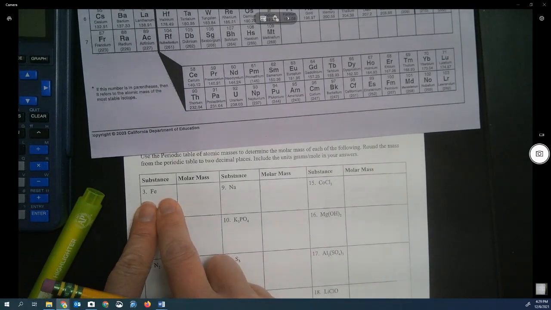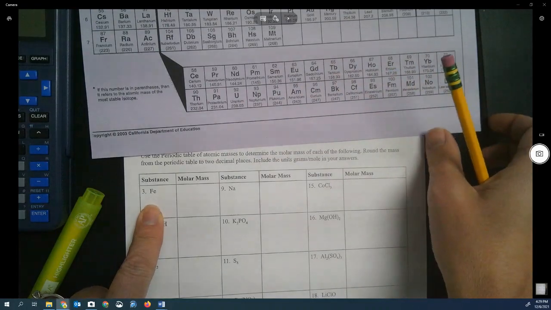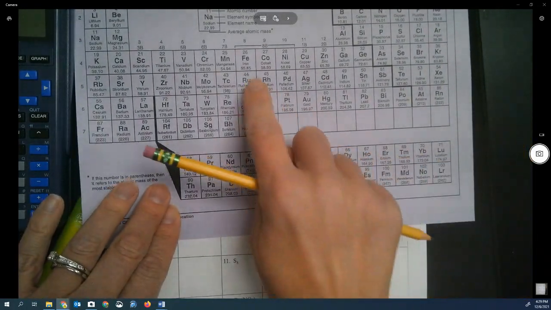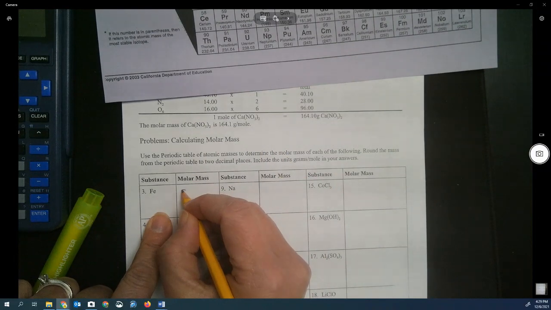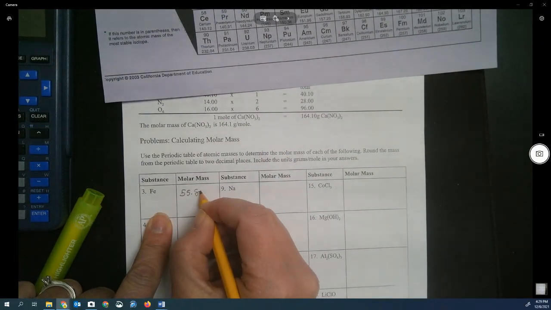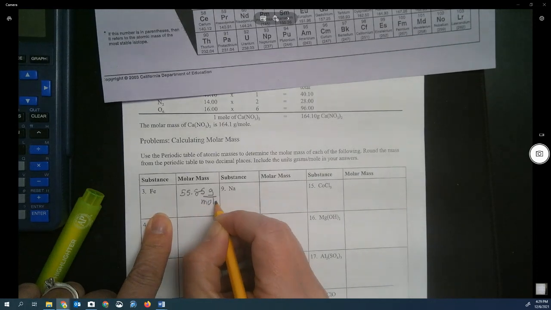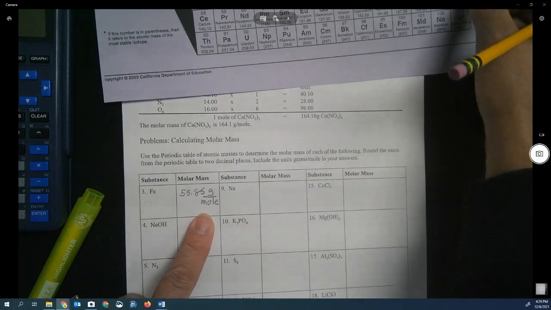All right, so if we take a look at iron, Fe, we want to know the molar mass of iron. So what am I going to do? I'm going to go to my periodic table. I'm going to look at iron and I see 55.85. So iron has a mass of 55.85 grams over 1 mole. So grams per mole.